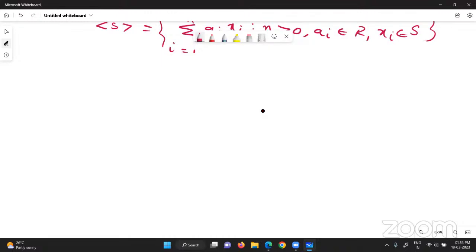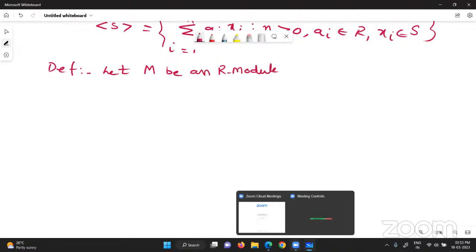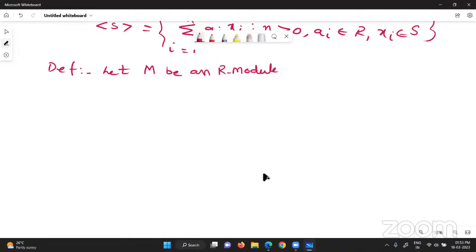Then the next definition. Let capital M be an R module.